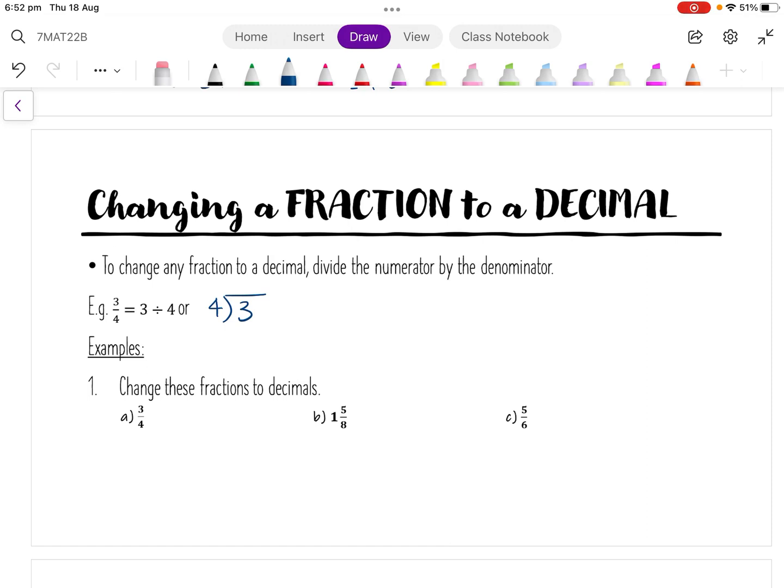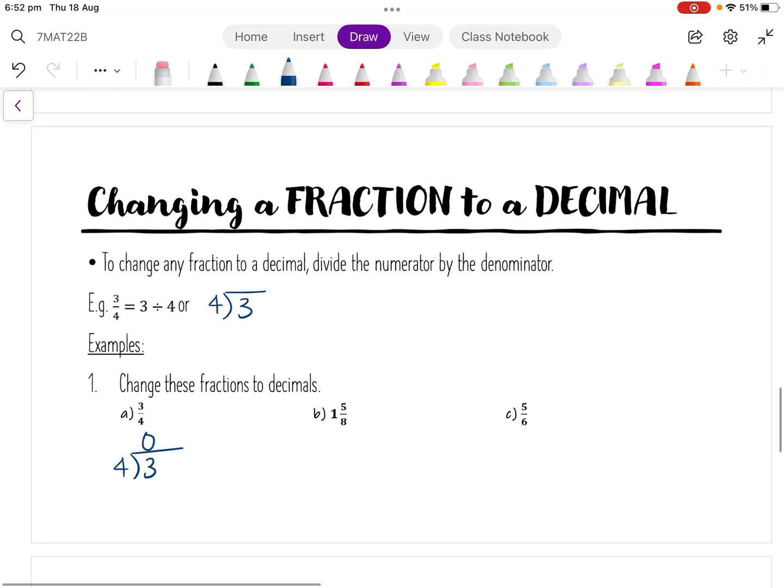So if we were to change these fractions to decimals, we have 3/4 as our first one. So we go, how many times does 4 go into 3? Like so. So 4 goes into 3 0 times. We technically have a decimal point after a whole number. So we write 0.0 and we carry our 3 as our remainder, and our decimal point goes up the top as well because we've run into a decimal point.